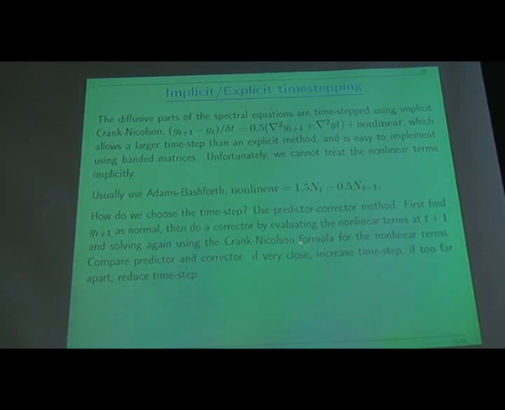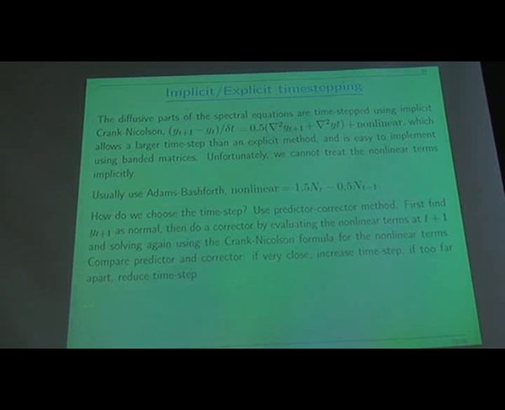Well, in most of the codes at the moment we're using predictor-corrector methods, so that means that you find y at t plus 1 in the normal way from using that. And then once you've got y at t plus 1, you get a better estimate of the nonlinear term using the y at t plus 1 you've just calculated, and then you do it all again at that time step using this improved estimate for N at t, and then you check whether the improved value is close to the original value, and if it is close to the original value, you deem that your time step is okay.